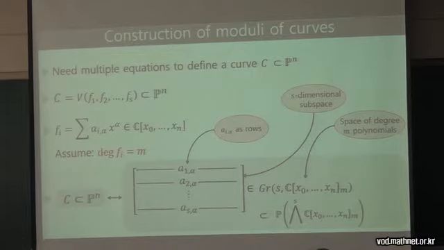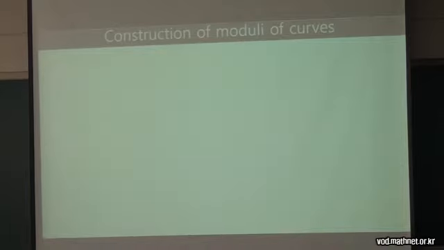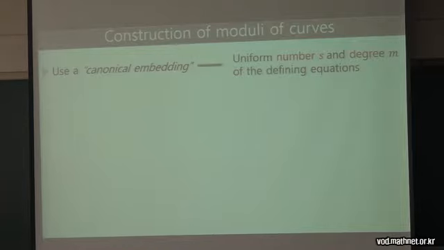If I just use different embeddings for different curves, then I'm not going to get a single parameter space. So to have control over this number S, I'm going to use some sort of canonical method for embedding these curves in a projective space. That's going to ensure that the uniform number S and degree m of defining equations are used.